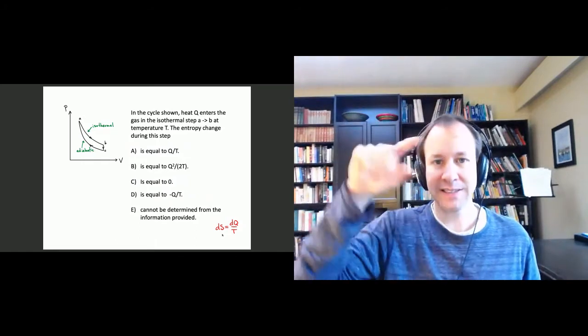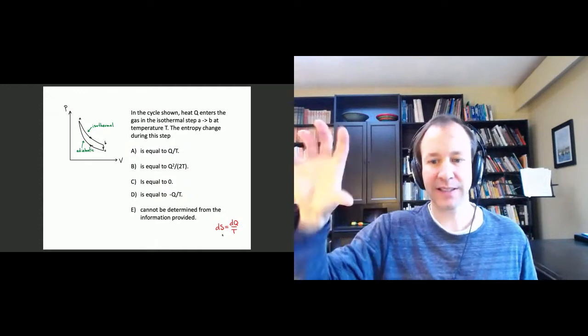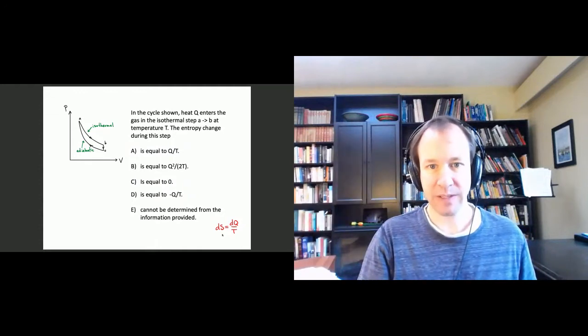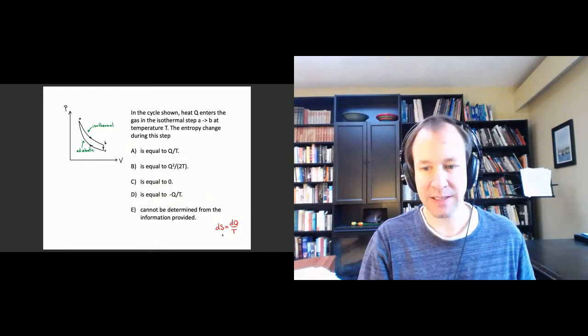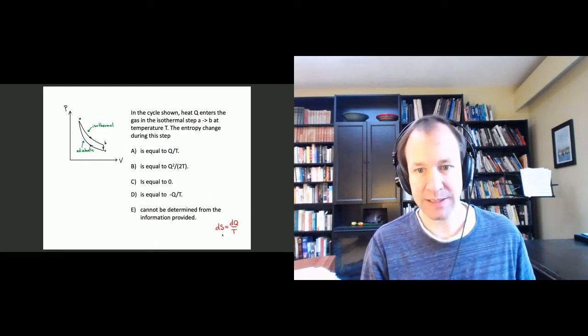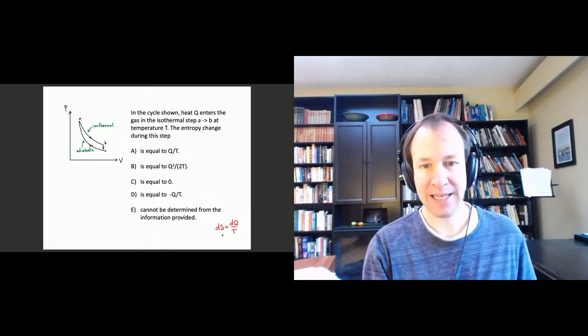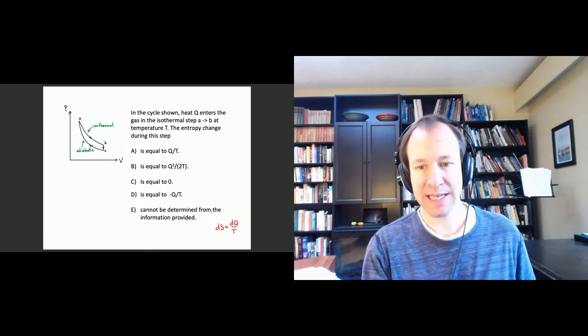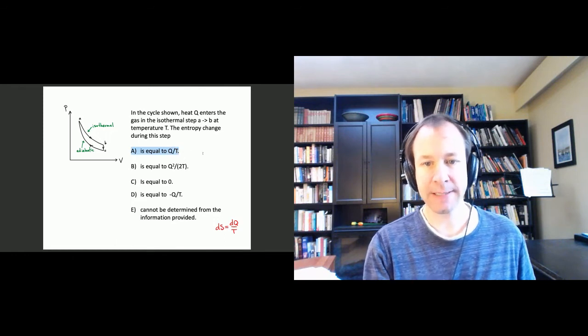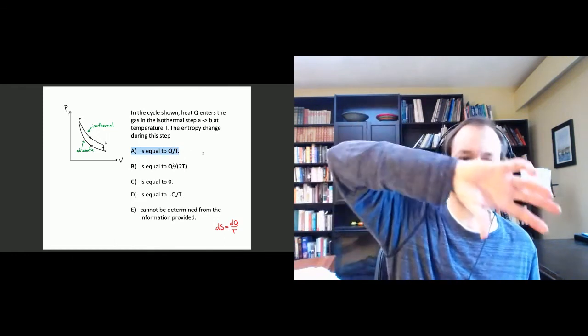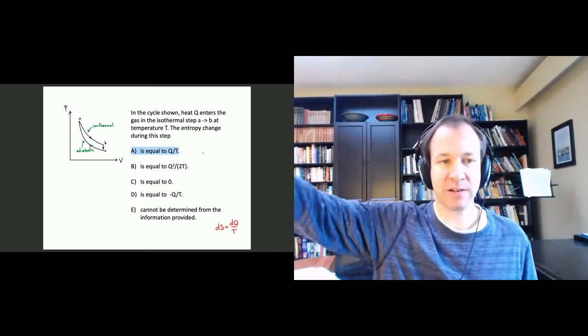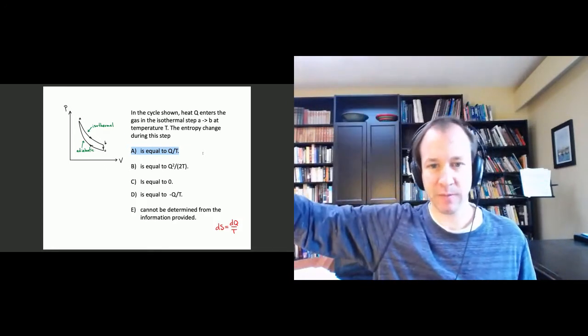We can say that delta S is equal to delta Q divided by T, okay, because T is remaining constant during that whole process. And so in that case, we can see fairly easily then that the change in entropy for the process from A to B is going to be equal to Q over T, because Q is the amount of heat that enters the gas during the entire process from A to B.